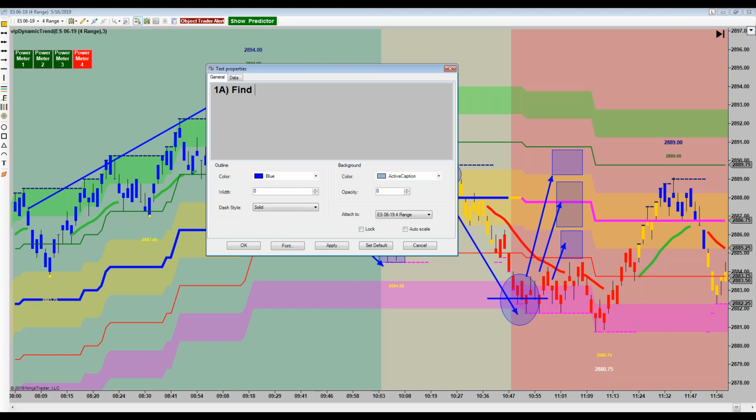You need to find the trade setup that you are most comfortable with, and then only trade those setups.